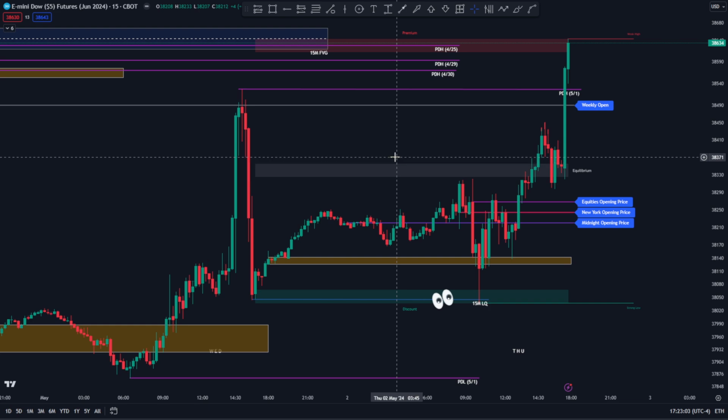That's what I'm trying to say, because again, those liquidity pools, the imbalanced areas and previous day highs and lows are the 2 areas that the market will seek and target the most.